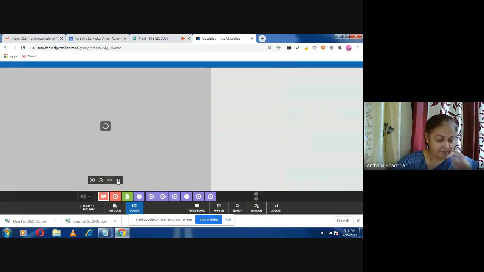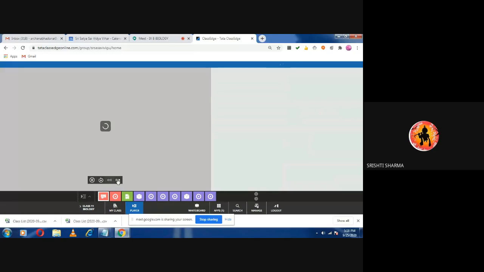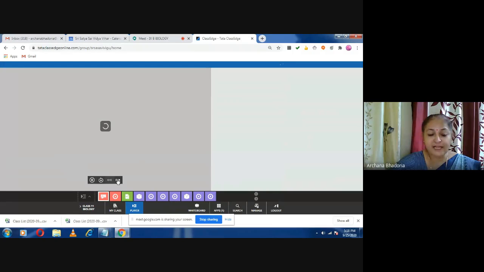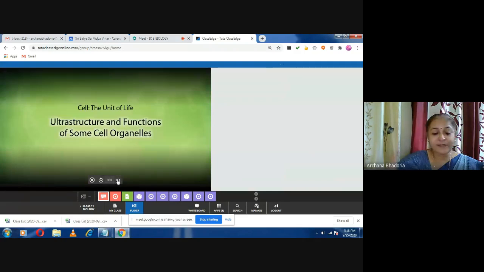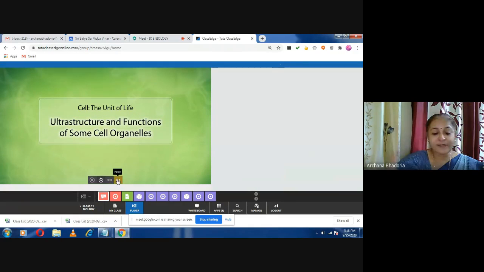Yes, ma'am. So for endoplasmic reticulum, first remember the location well: it connects the nuclear membrane and the cell membrane. Okay, so it is helping in the transportation between the nucleoplasm and the cytoplasm because it is connecting.